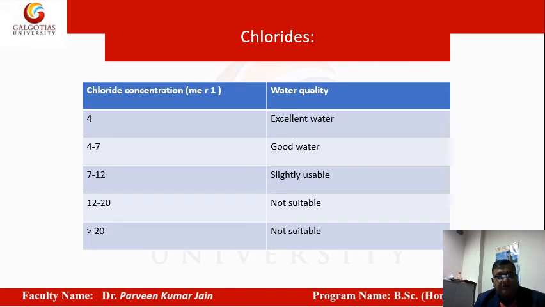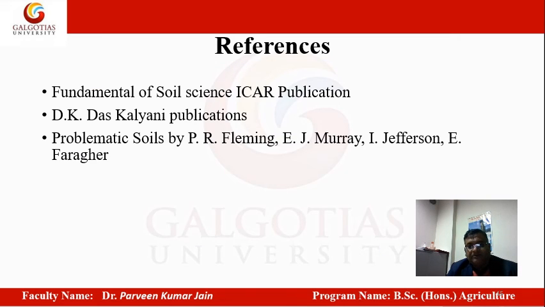Naturally, if the chlorides are less, around 4, it is considered excellent water for irrigation. If it increases from 4 to 7, it may be good water, 7 to 12 slightly unusable, and beyond 12 it is considered not suitable, and beyond 20 it is 100% not suitable. So this has to be taken care of when we are discussing these things.